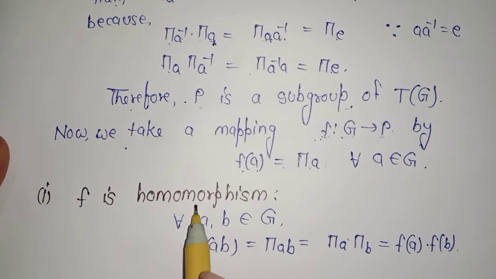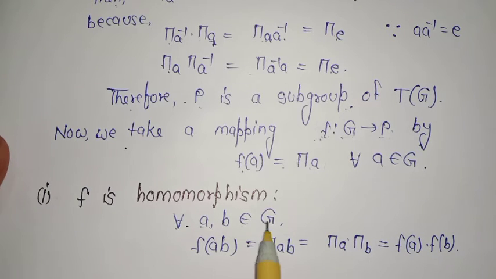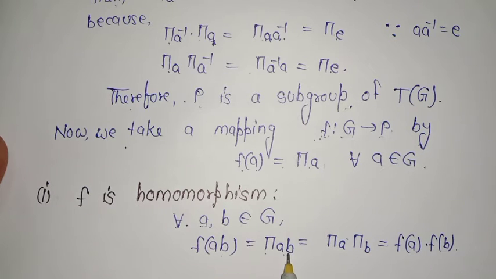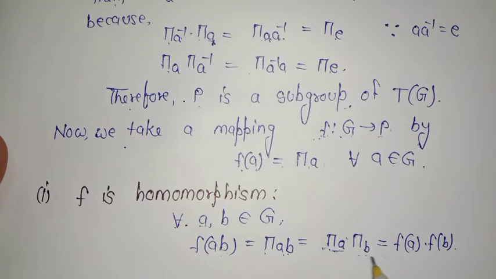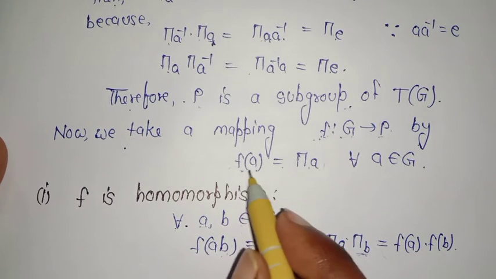So firstly, we show that f is a homomorphism. For this, we consider for all a, b belonging to G, f of ab is equal to π_ab. If we apply this function over here, then this can be written as π_a dot π_b. Now, if we see, this is f of a and this is f of b by using the definition of this function.